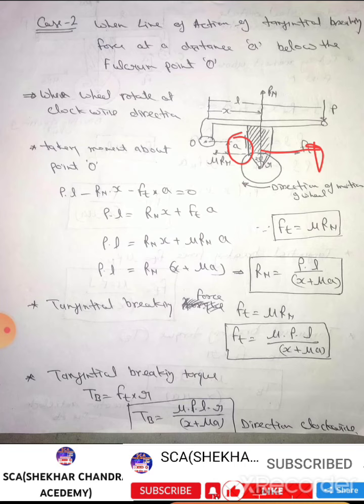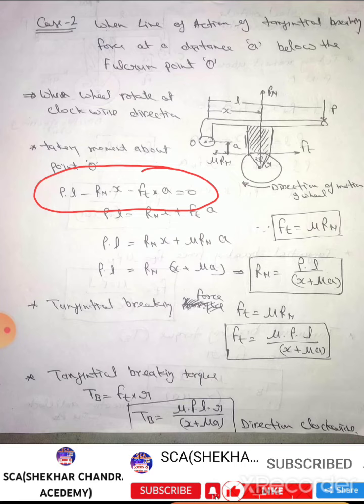This makes an anti-clockwise couple about point O. So Ft into a is also negative sense. So the equation is P into L minus Rn into x minus Ft into a equal to 0.